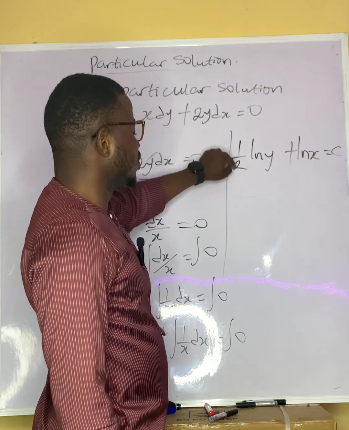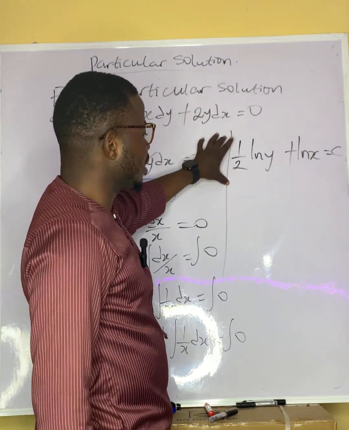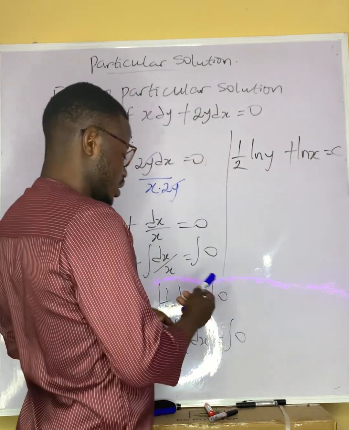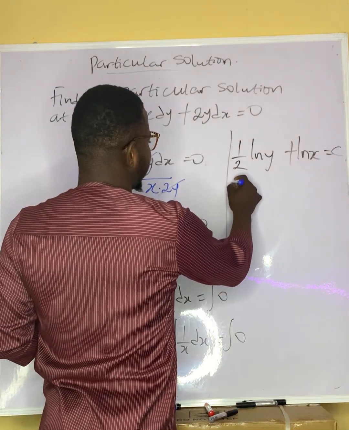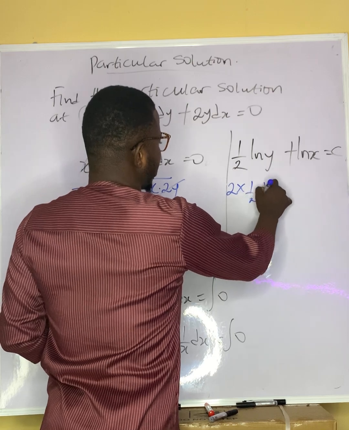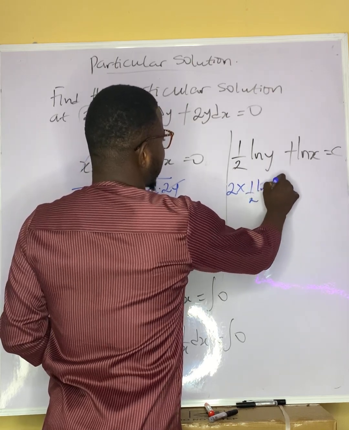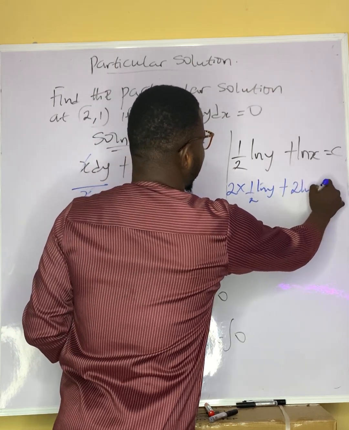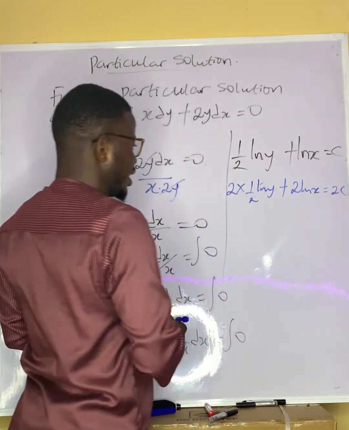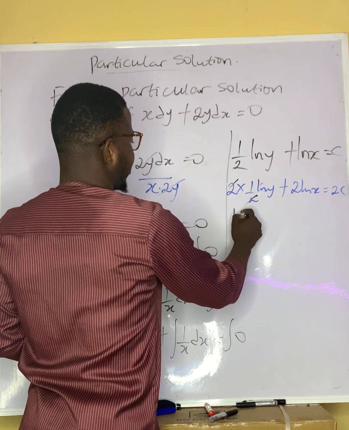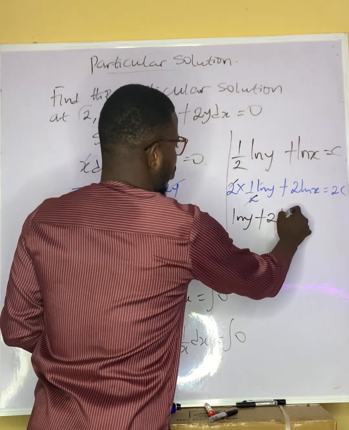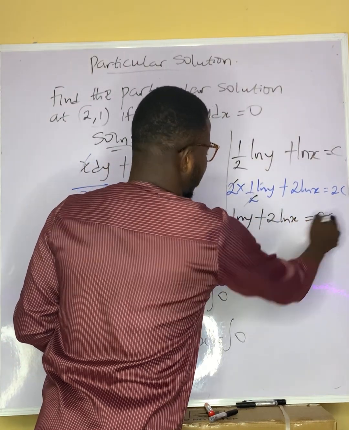Since we have 1 over 2, we can make it linear by multiplying both sides by 2. So I need to have 2 times 1 over 2 ln y plus 2 ln x equals to 2c. These 2 will cancel these 2. We have ln y plus 2 ln x equals to 2c.